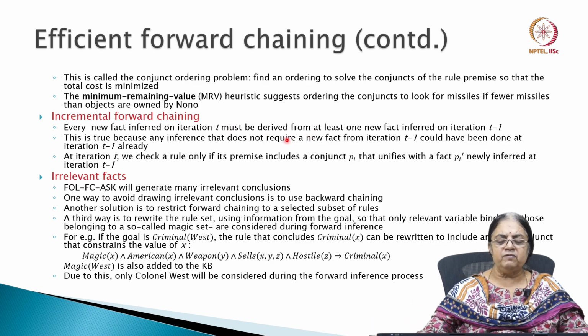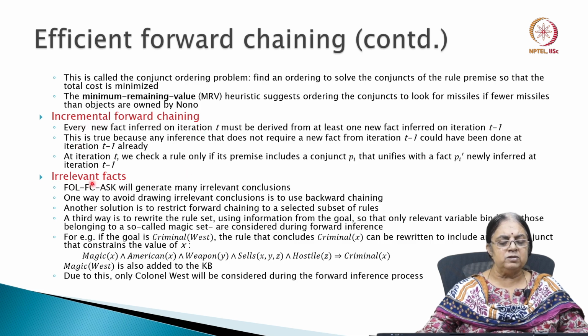Because if it wasn't inferred in the previous iteration, then the rule would have fired in that iteration or some earlier iteration. So if none of the new facts inferred in the previous iteration is in that rule, then you needn't worry about it because the fact it would infer has already been inferred. That is what is known as incremental forward chaining.